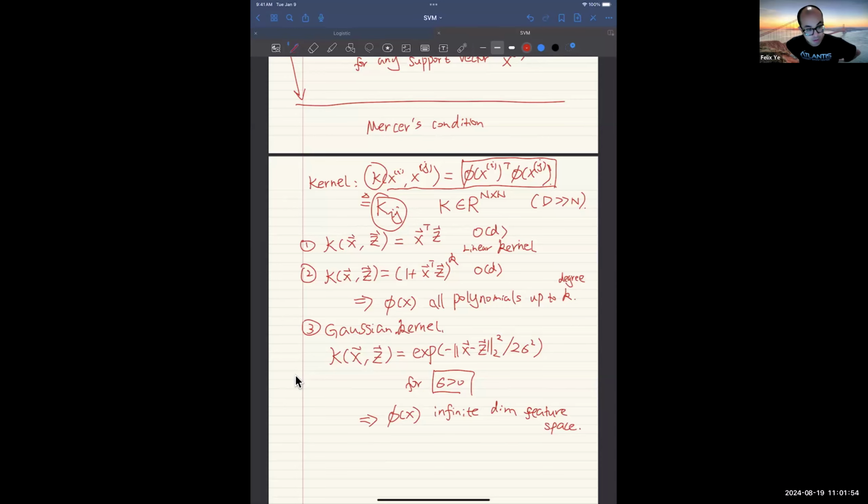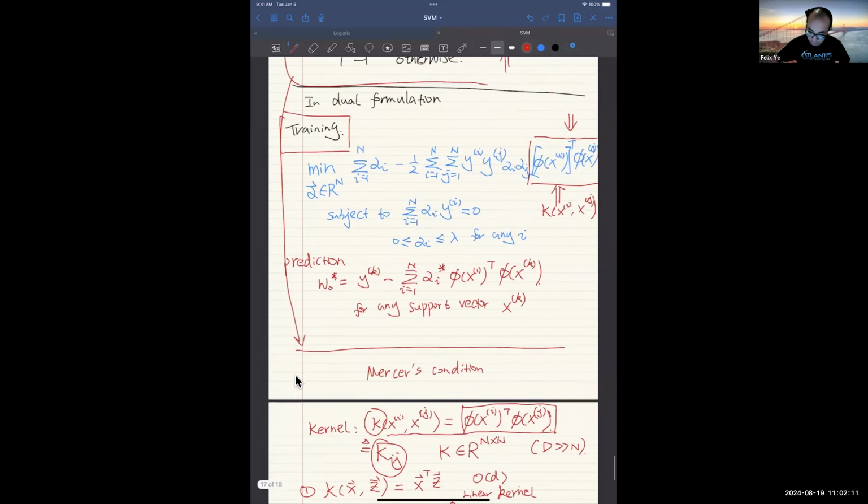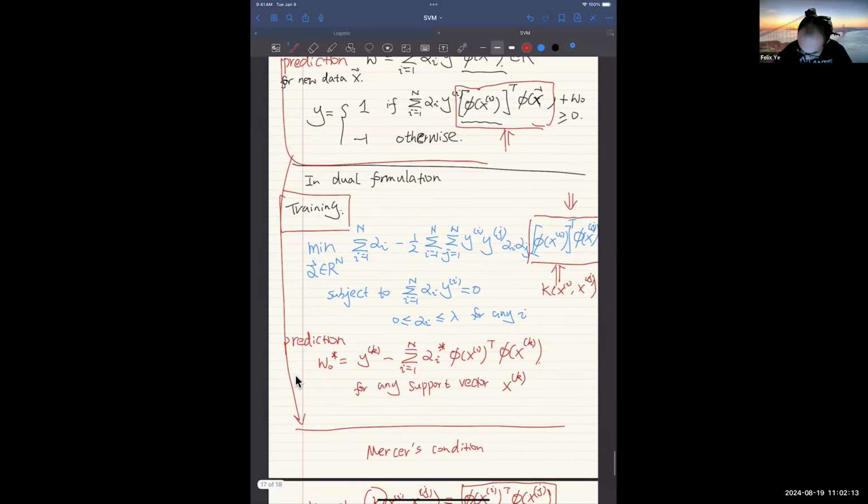Okay. So if we allow this whole idea, that means we can simply replace this whole thing right here by k of x_i and x_j.